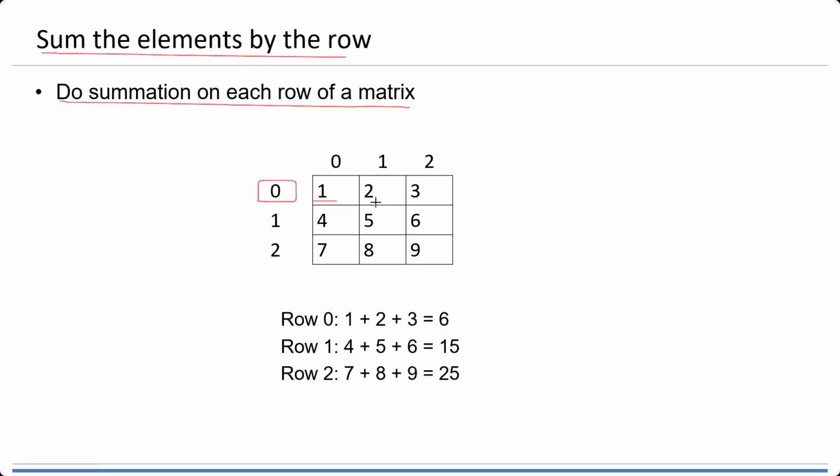We have 1, 2, and 3. Then row 0 will be 1 plus 2 plus 3. This is 6. The row index 1, 4, 5, 6, then this is 15. And the row index 2 is 7 plus 8 plus 9, then this is 24.